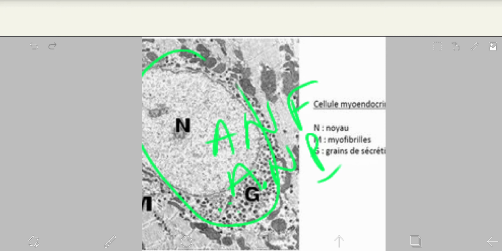So it will get the pressure back to normal. Then it will also go to the kidneys, and it will act on the distal convoluted tubule of the kidney, and increase the release of water and sodium and potassium. That way we will get rid of that excessive volume of blood.